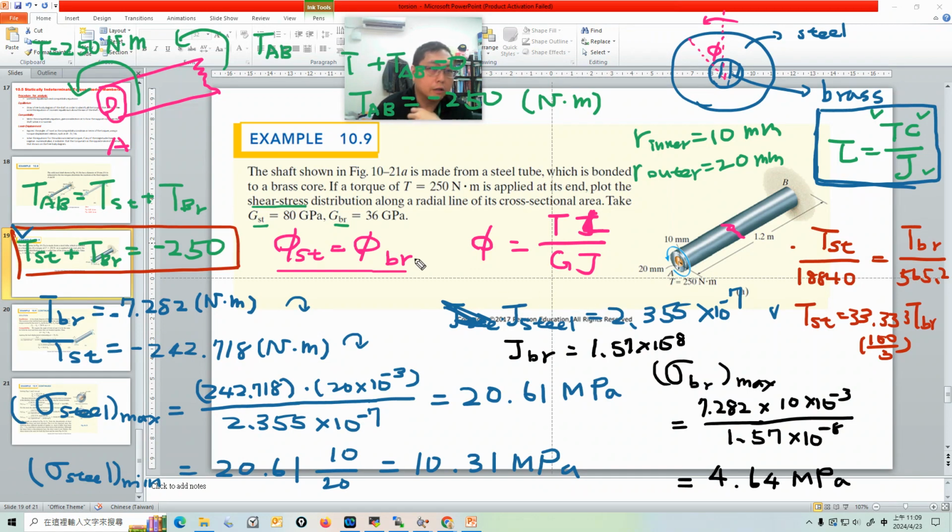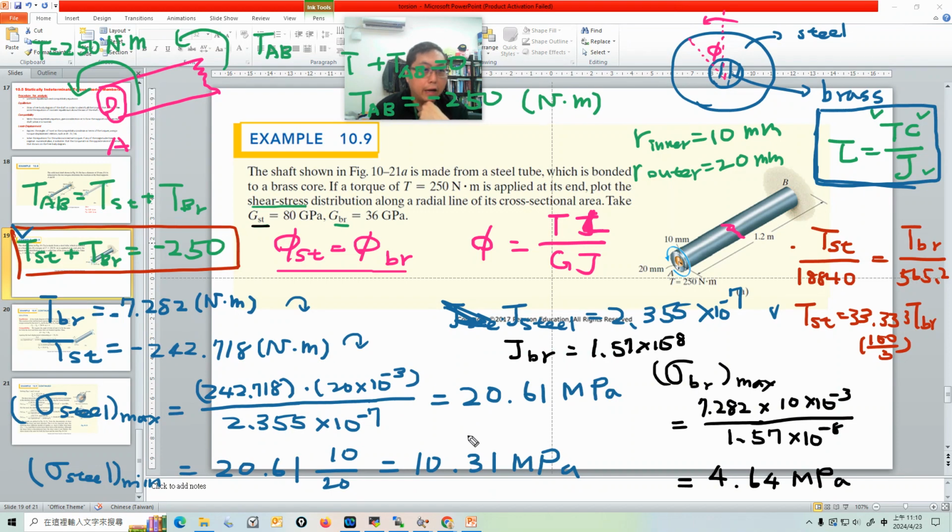How do you determine whether a material is stiff? It's determined by the modulus, and in this problem it is the shear modulus. The shear modulus of steel is 80 gigapascal. The shear modulus of brass is only 36 gigapascal. So in terms of shear, steel is much harder than brass. A harder material will take a lot of stress.